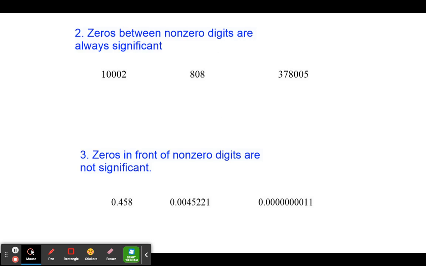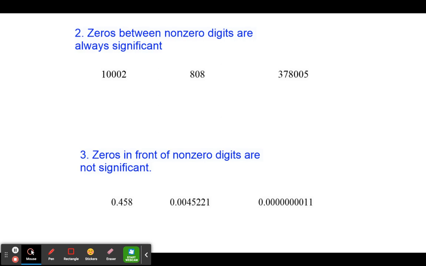Okay, rule number 3. Zeros in front of non-zero digits aren't significant, so you would not use them. In 0.458, how many significant digits are there? 3.